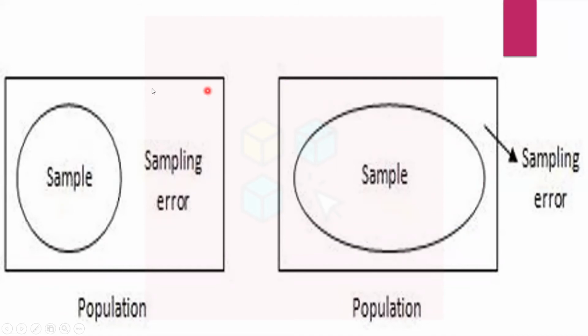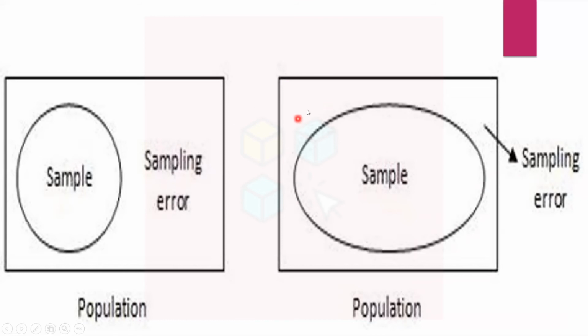In this figure, the rectangle is showing the population. The sample is a small part of this population, and the area outside this sample is called the sampling error. Since our sample is small compared to the population, the difference is more, and the sampling error is high. In this figure, we can observe the sample is now larger compared to the previous one.